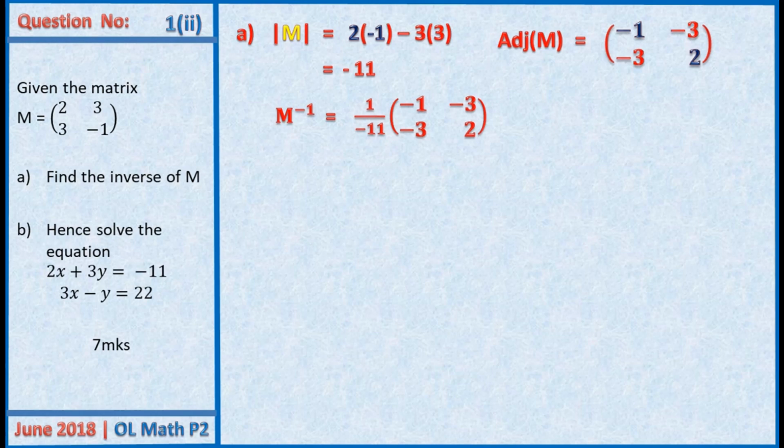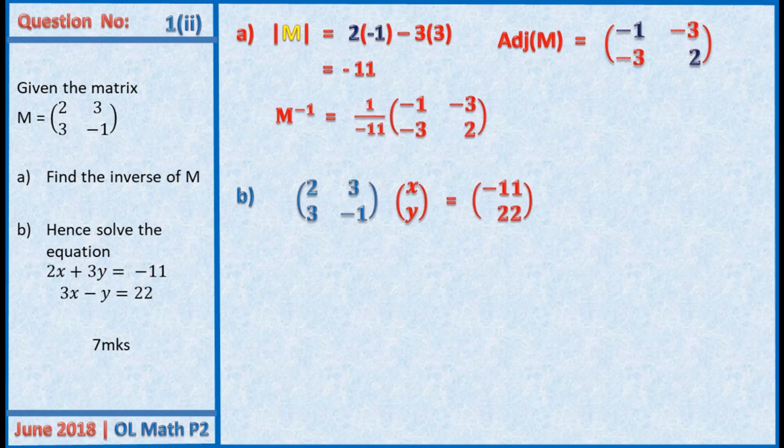Now B, hence solve the equation 2x plus 3y equals minus 11 and 3x minus y equals 22. So here, if you look at this very well, you will see that the coefficient matrix will be equal to the M that is given in part A. That coefficient matrix is 2, 3, 3, minus 1. 2, 3 is from equation 1, and 3, minus 1 is from equation 2, the coefficients of x and y. Now we are solving for x and y. This should be equal to the constant matrix on the right hand side, minus 11, 22.